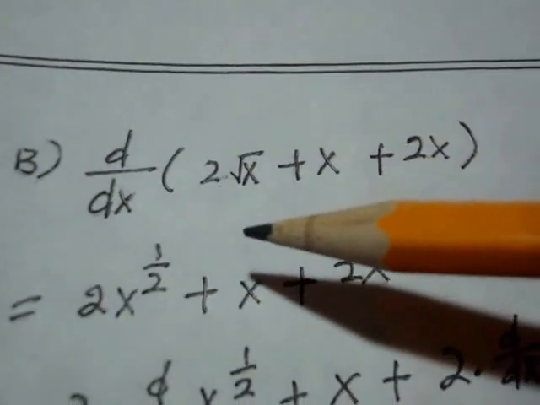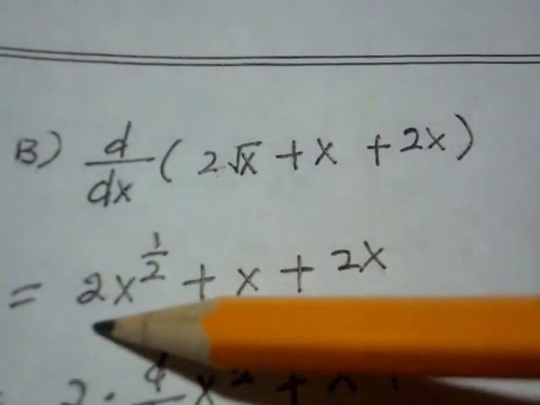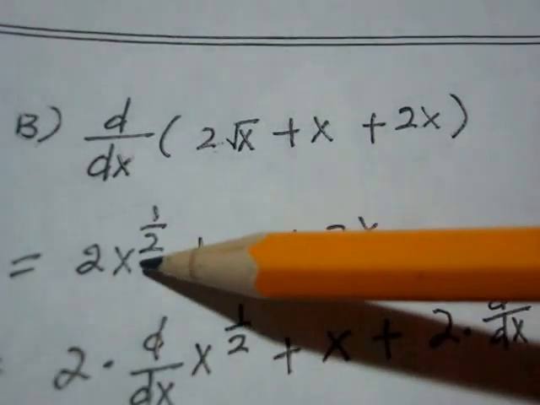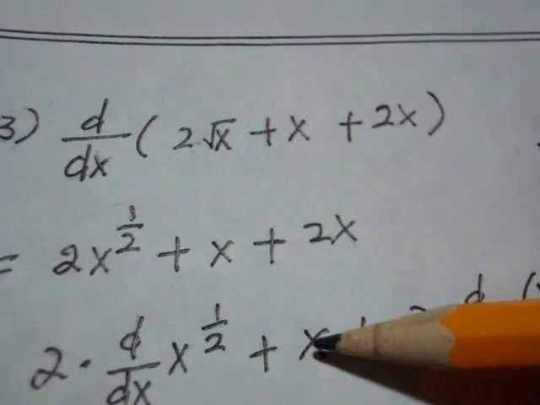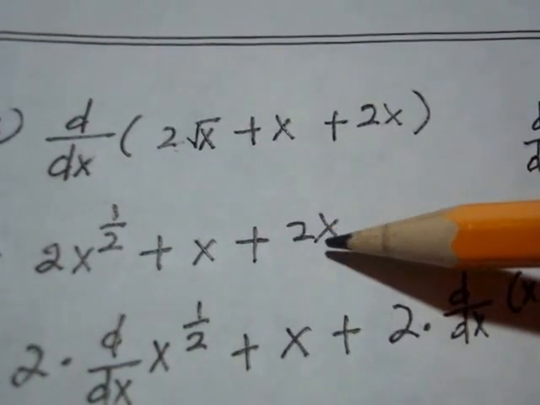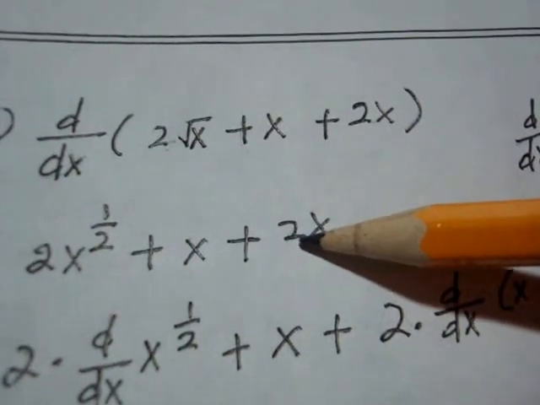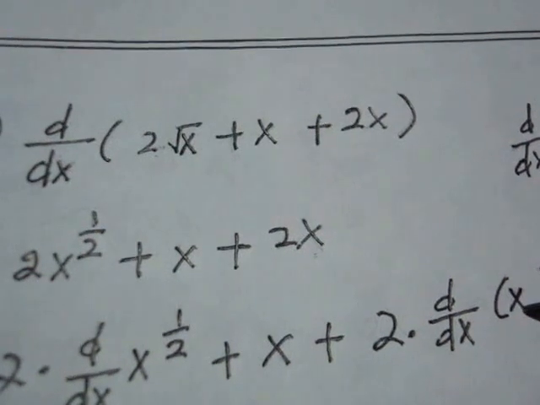And then you take the derivative of it. You take out the 2 and you take the derivative of x raised to 1/2. Then you also need to take the derivative of this expression. For this expression, you take out the constant and you take the derivative of x.